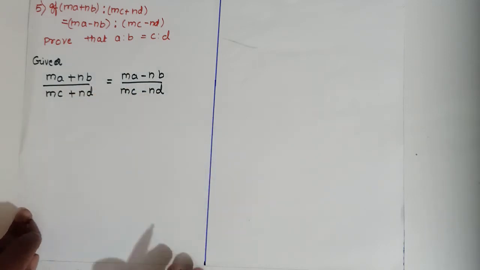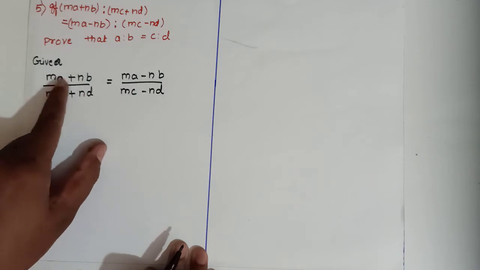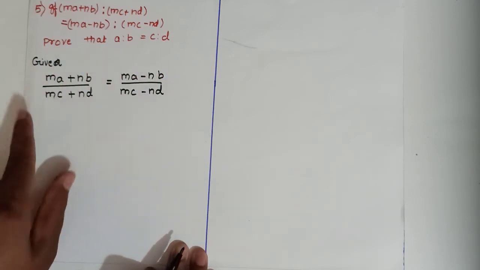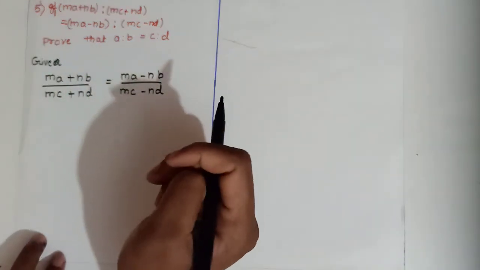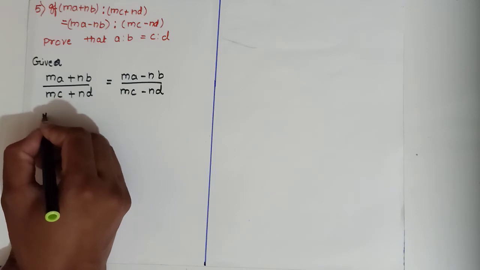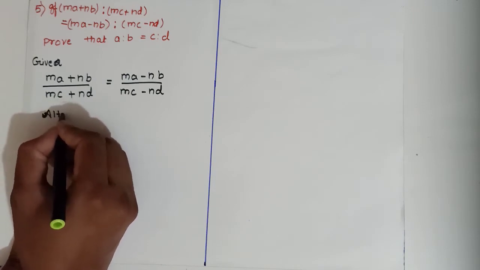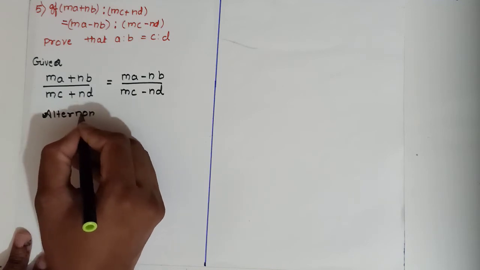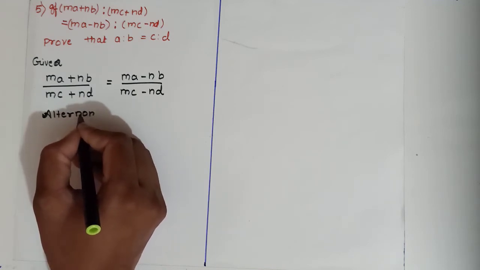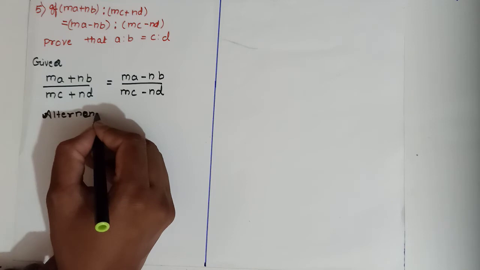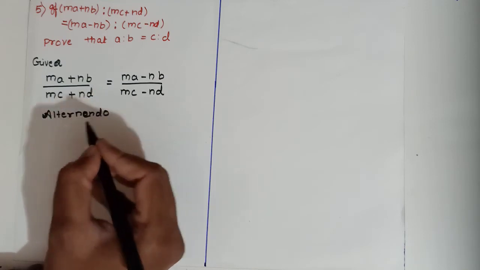Now here if you can see, in these terms, ma + nb and ma − nb, these are on the alternate side. So which property will we apply? We will apply our alternendo property.